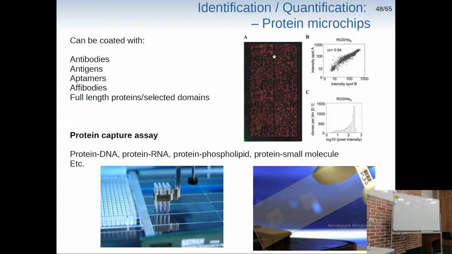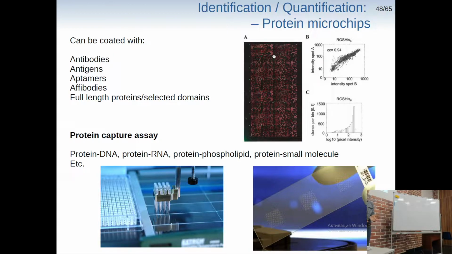So it can be calibrated, but also what is quite interesting about this method, you can not only put antibodies here. You can even put some other proteins. For instance, if you are interested in protein to protein or protein to nucleic acid interaction, you can put on this microchip some protein which interacts with other protein, and you can see the amount of interaction between them because those proteins can be made immobile on this surface.